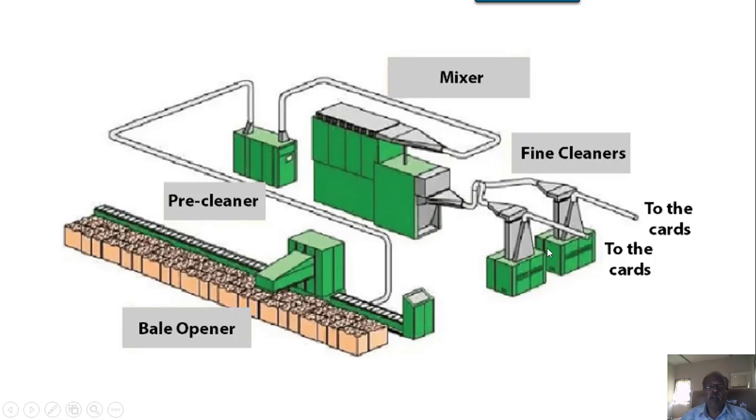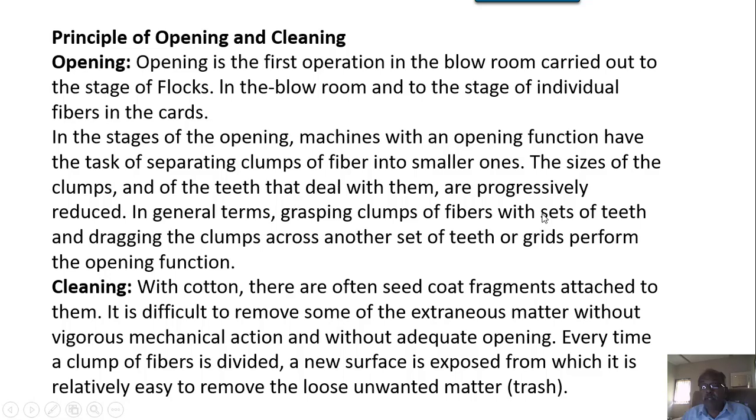From there the cotton will traverse to the next department, that is the carding department. So overall, there is a sequence of operations in the modern blowroom line, which we are going to see in the succeeding stages.